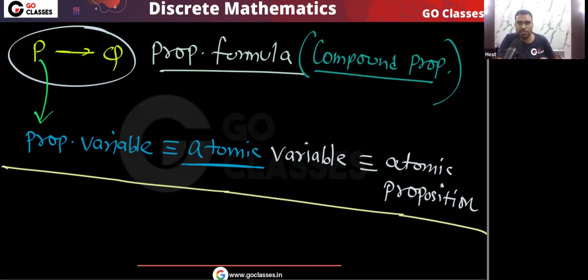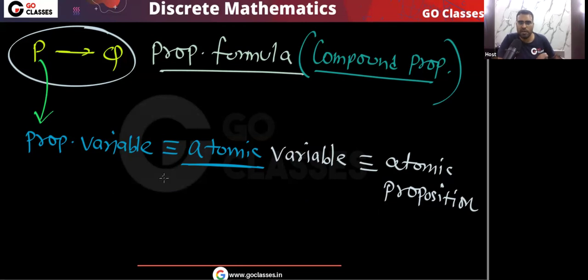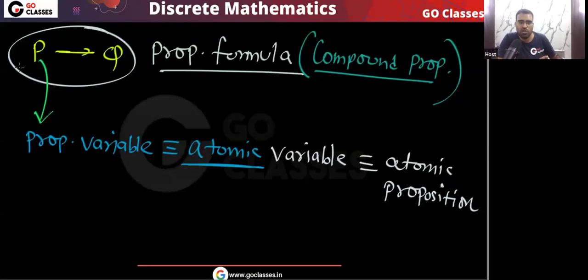We have already seen this. I hope this point is clear. What is a propositional formula and what is a propositional variable? The difference is clear to everyone. Any expression that you can write using logical connectives and propositional variables is your propositional formula.